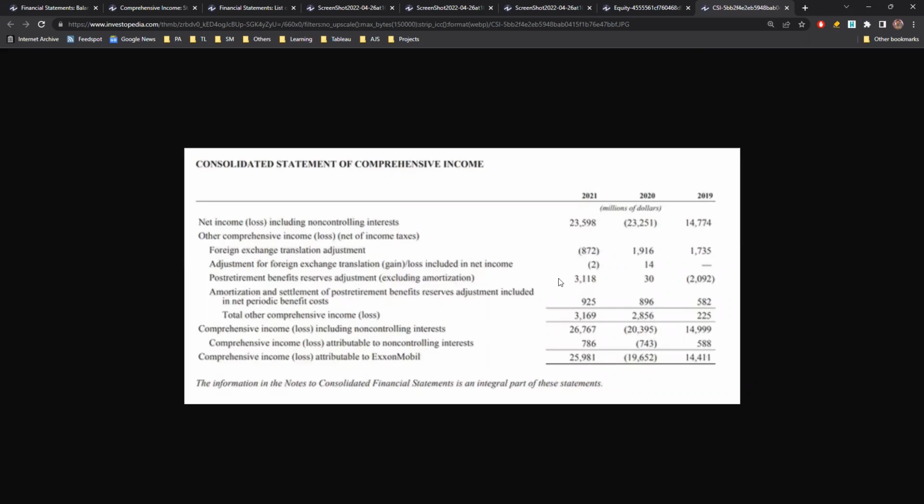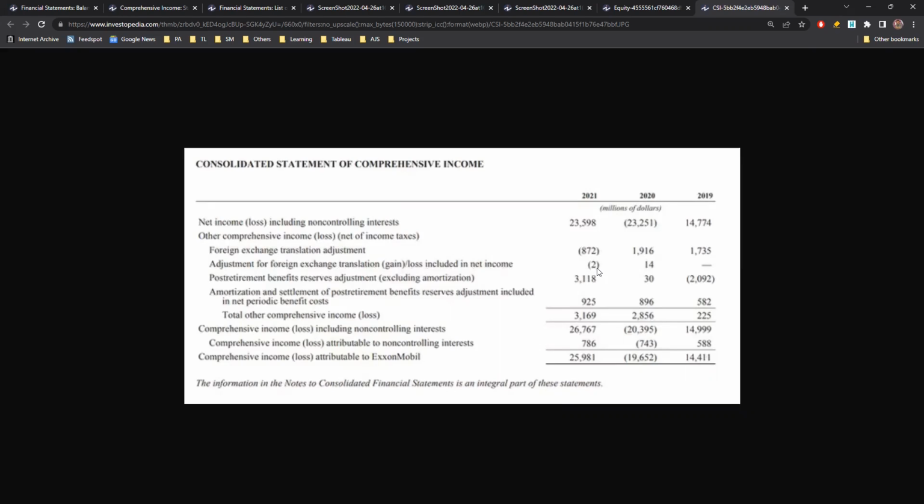And if you would, we can see here amortization and settlement. Maybe this could be related to depreciation, but amortization is similar to depreciation, though it works more on non-tangible assets rather than tangible assets. Then we have foreign exchange.